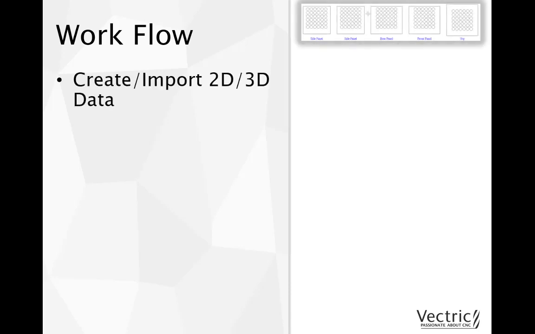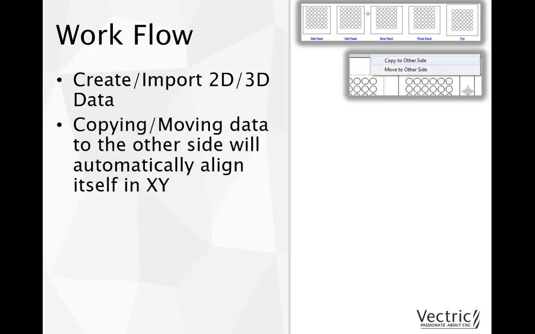So now that you have the part set up in the software, and depending on what software you are using, you can create or import vectors and components independently on either side of the material, with the ability to copy or move data to the other side too, where the software will position geometry in the appropriate positions relative to the opposite side.